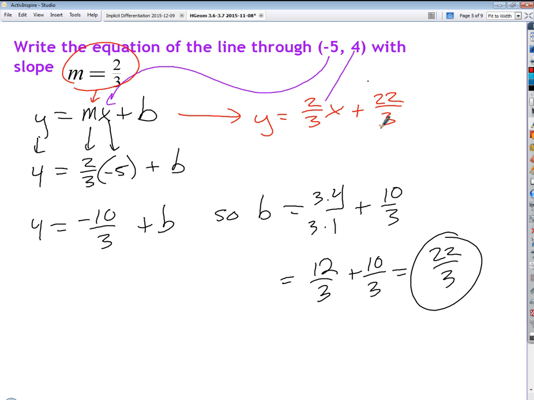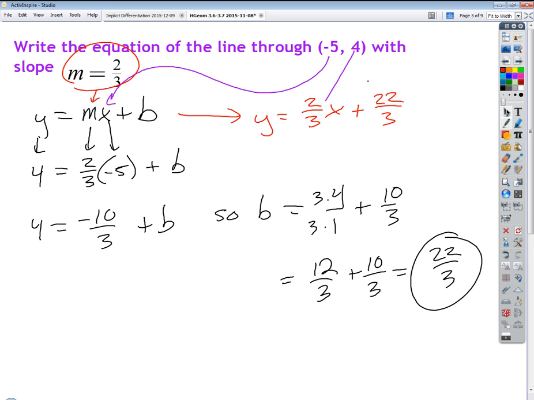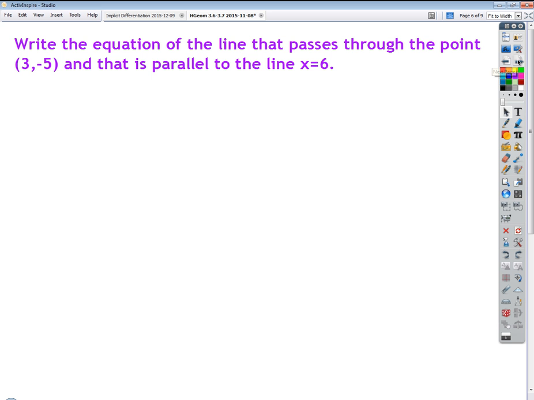Okay. All right, let's see. How about that one? It's a little weird. The line x equals 6. What's that look like?